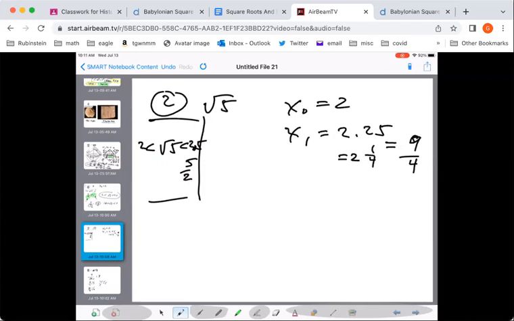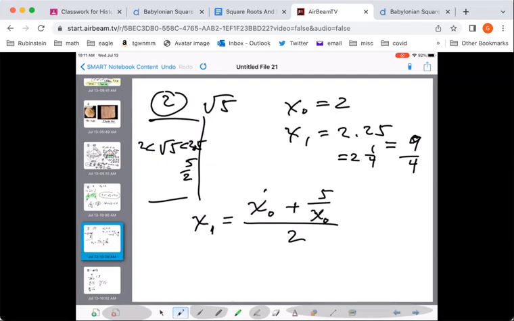Here it comes as a formula, or like an algorithm. X1, the new answer, is the average of the old answer, X0, and 5 over the old answer.